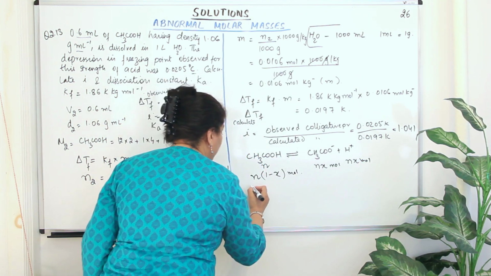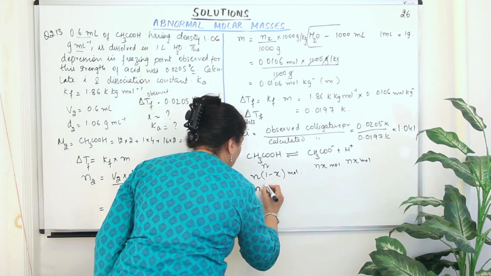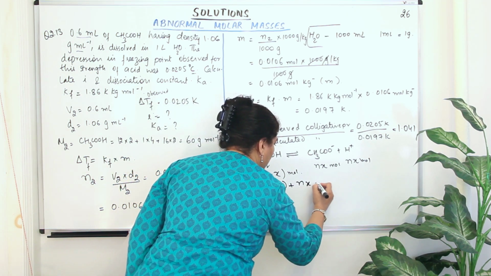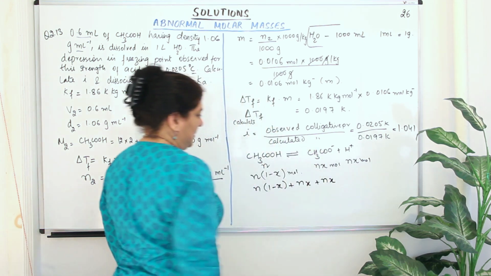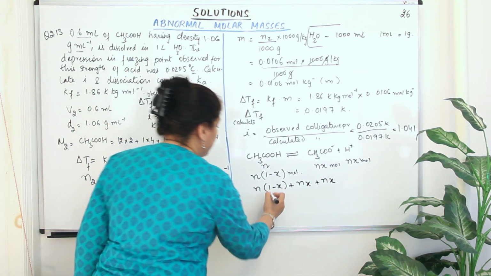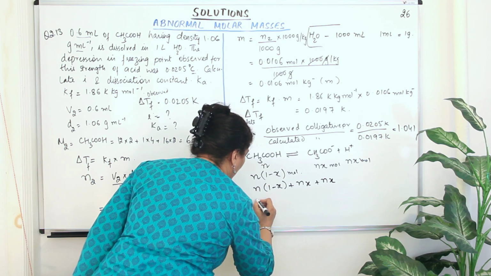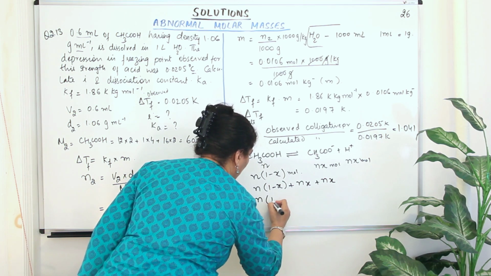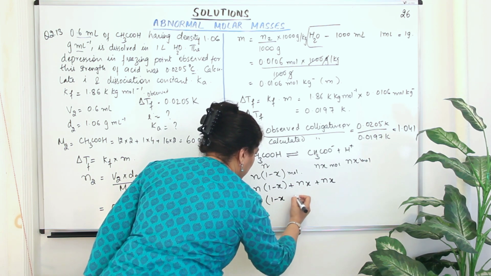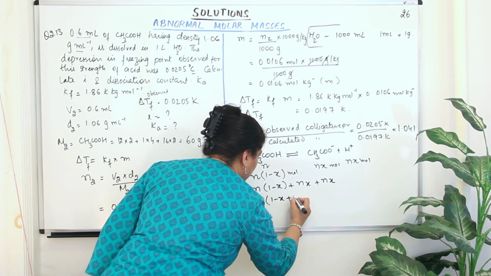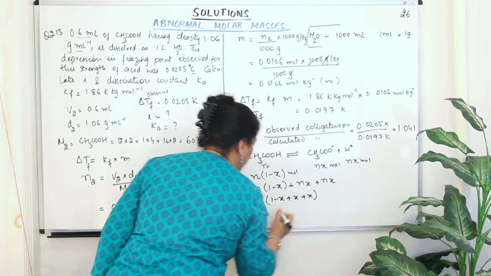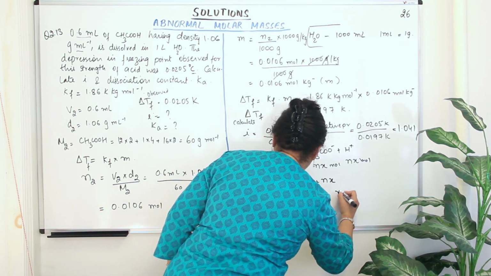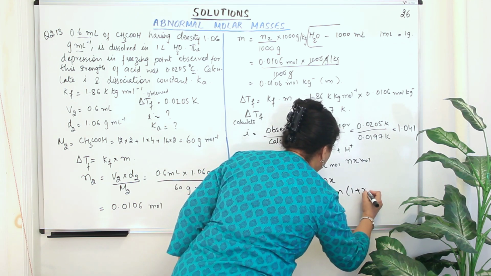So the total number of moles would be n(1 minus x) plus nx plus nx. We can simplify this. Take n as common, so n times 1 minus x plus x plus x. Minus x and plus x get cancelled, and you get n(1 plus x).